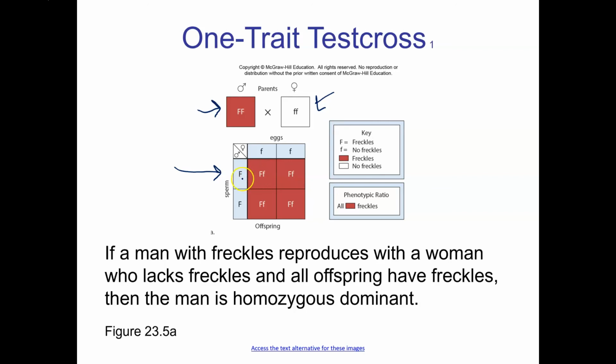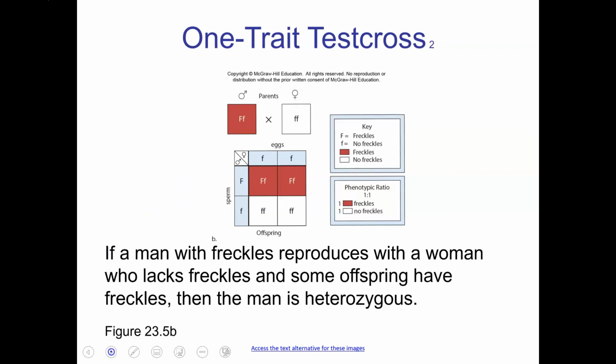If we have a homozygous dominant individual, all of the offspring will carry that dominant trait, and in this case they would be heterozygous. But if we have an individual that is heterozygous and still shows the dominance, then 50% of the offspring will be dominant and the other 50% of the time will show the recessive characteristic. Then we know that we have a heterozygous parent.